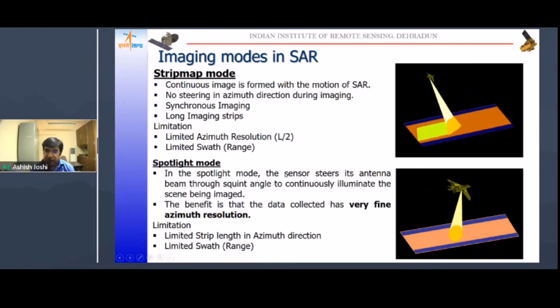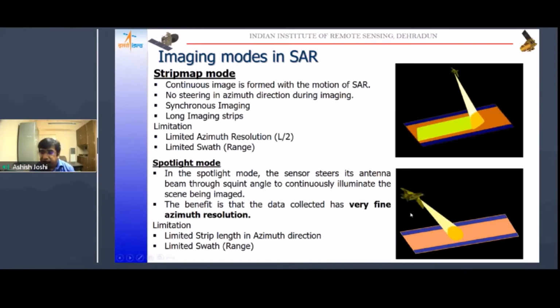But if we want high resolution SAR images, we will use the spotlight mode. In the spotlight mode, the sensor steers its antenna through the squint angle to continuously illuminate the scene being imaged. Actually, the longer the synthetic aperture, the higher azimuth resolution we will get.